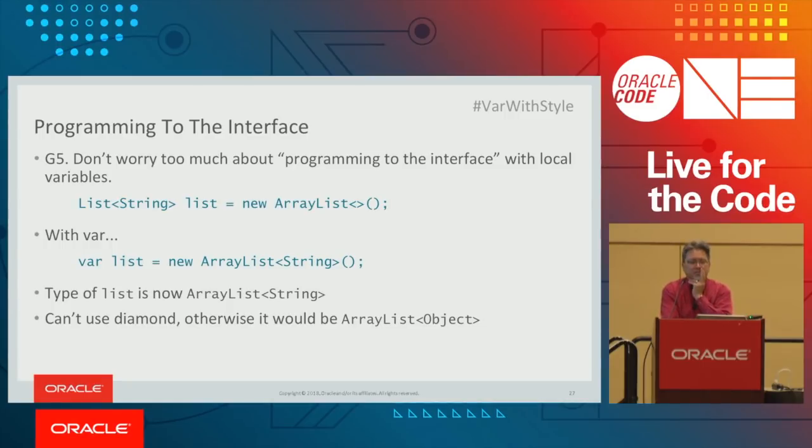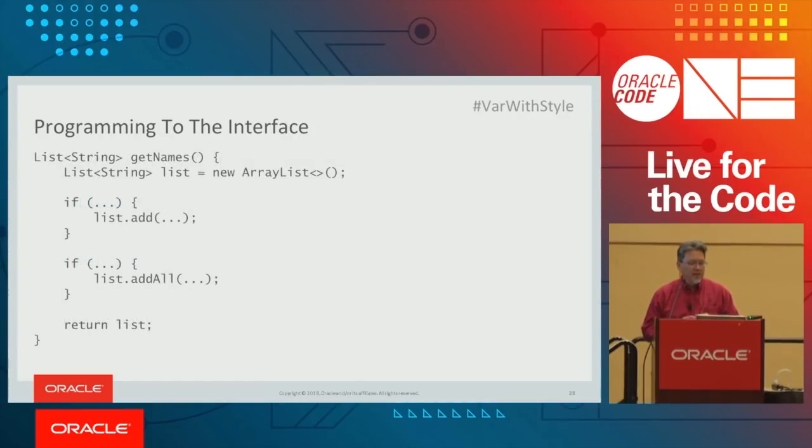Is that a problem? Now, it would be a problem. Okay, so I have a code example here. So let's look at this. We have getNames that returns a list of string, and then we've initialized the local variable list from an ArrayList. Okay, so list, the local variable, has the type List<String>, and we're adding some things to it and so forth, and returning that list. And the return type is List<String>.